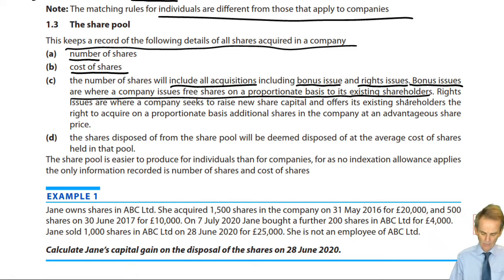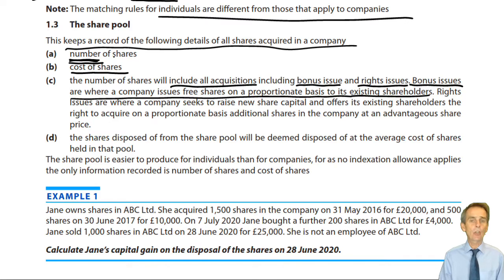What do you do? So we may get a bonus issue, which are free shares, and this will be on a proportionate basis. So at the point a bonus issue comes along, like you get 1 share for every 5 shares held, you have your number of shares column. So if you had 50,000 shares already owned within that share pool, and now there's a 1 for 5 bonus issue, 1 for 5 on 50,000, well, if my mental arithmetic is correct, divide 50,000 by 5, and that's another 10,000 shares.